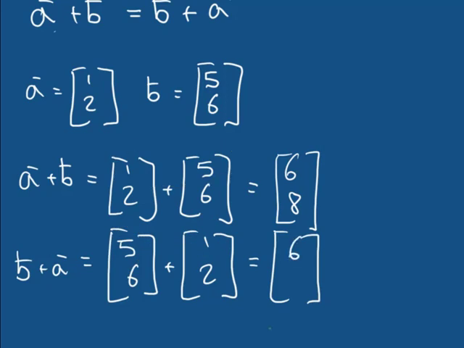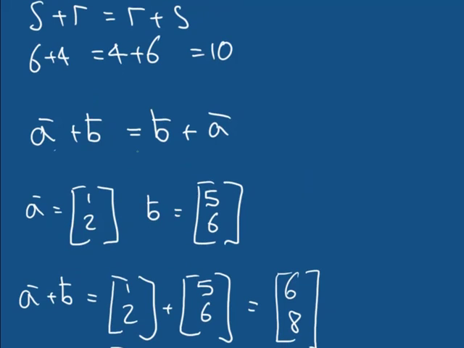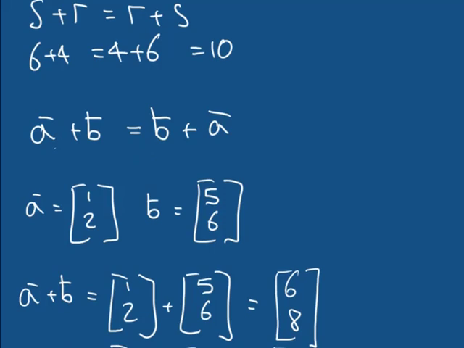So this is still going to give us 6. And 6 plus 2, the second component of the first vector plus the second component of the second, is the same as 2 plus 6. So our second component of the result is still 8. So we can see indeed that A plus B is the same as B plus A. We can switch our vectors over.